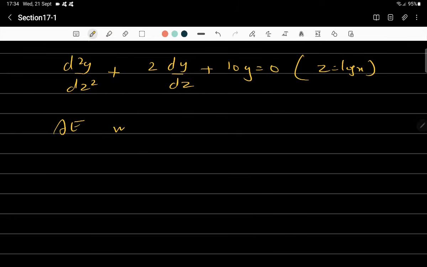So the auxiliary equation is m square plus 2m plus 10 is equal to 0.